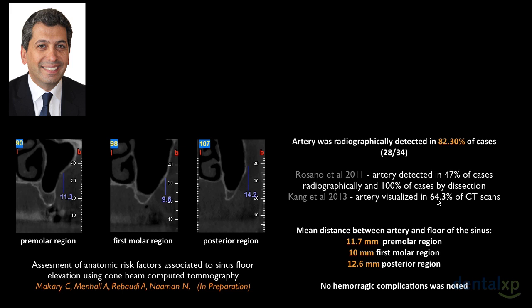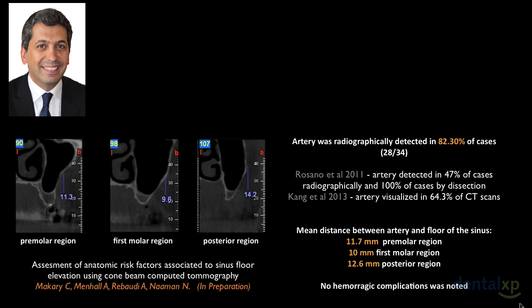In contrast, some other authors like Rosano and co-workers detected it in 47% of cases, Kang and co-workers in 64% of cases. Maybe we had a higher visualization of this artery because of a more accurate radiographic technique, or maybe it's because it's CBCT when compared to normal CT scans.